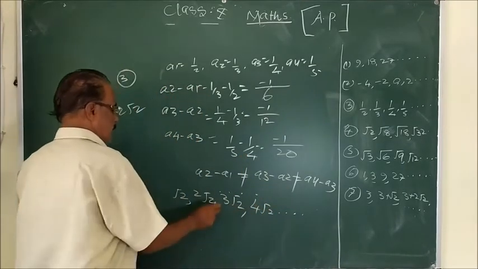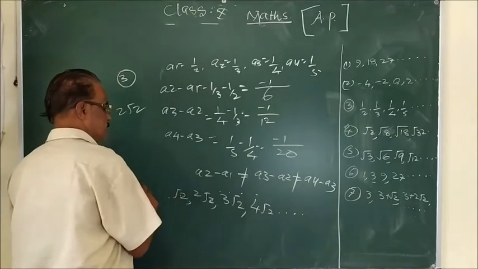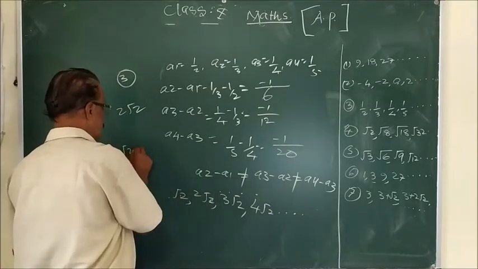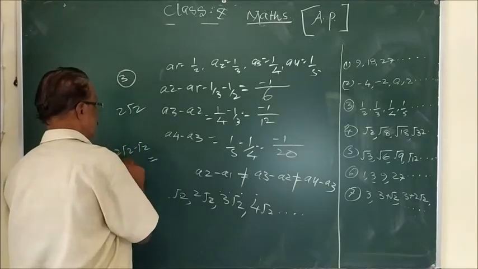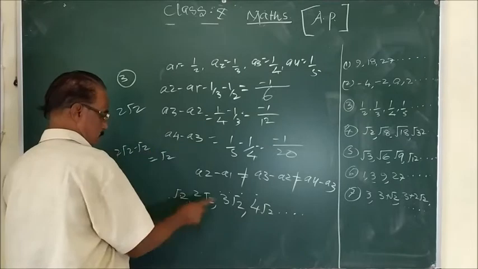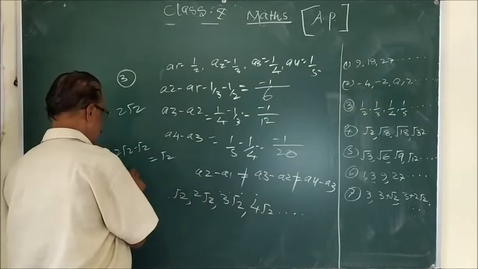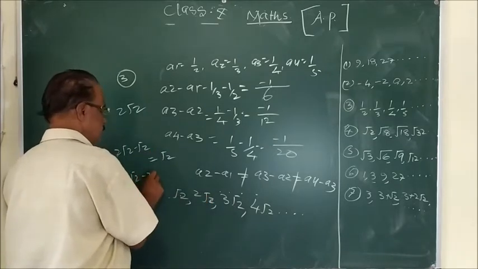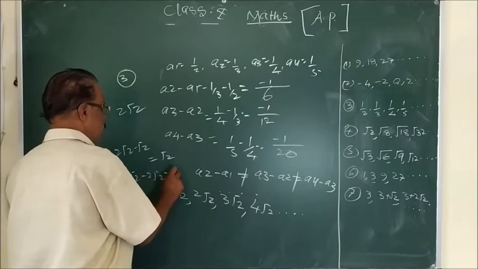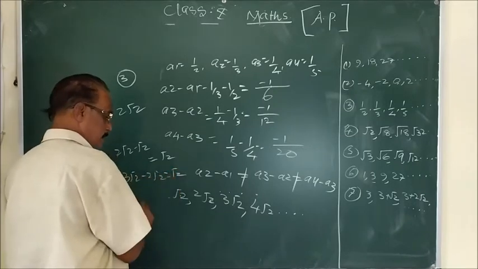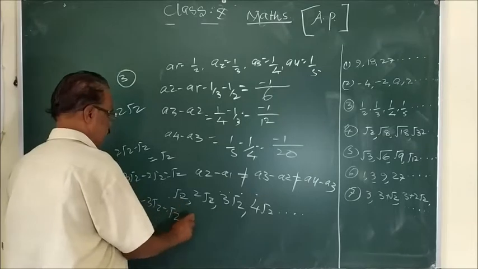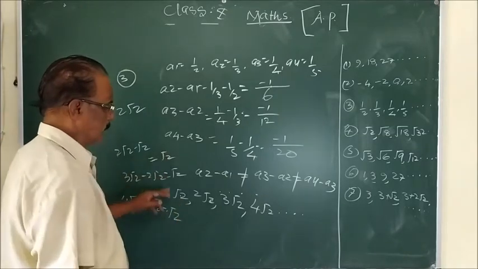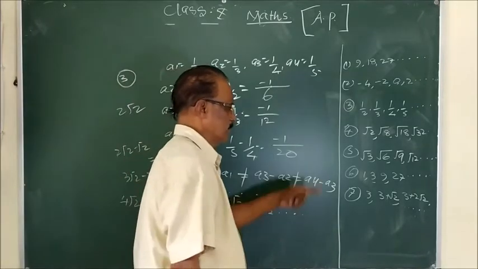Now you can see this minus this, 2 root 2 minus root 2 is just like 2x minus x, so this will be root 2. This minus this, 3 root 2 minus 2 root 2, so 1 root 2 means root 2. And 4 root 2 minus 3 root 2 is equal to root 2. So we find the common difference is the same.